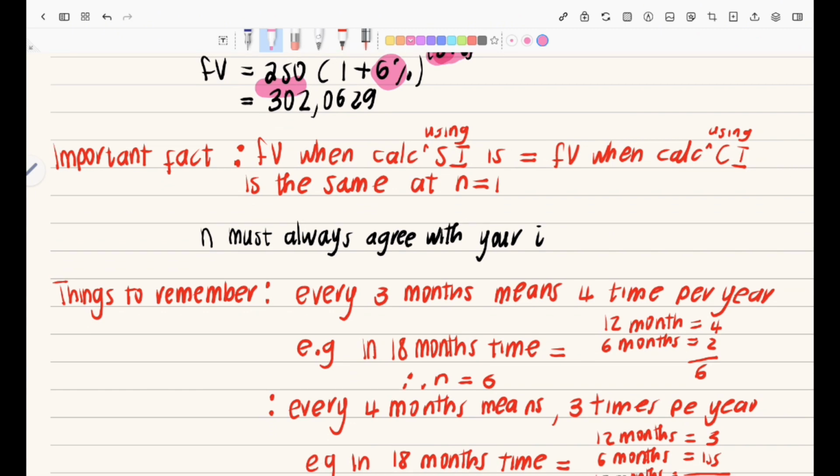So there is an important fact that you guys should know, which might help you when you're solving a hard question. And that important fact is the fact that my future value, when calculated using simple interest, is always equal to the future value when calculated using compound interest at time period 1.